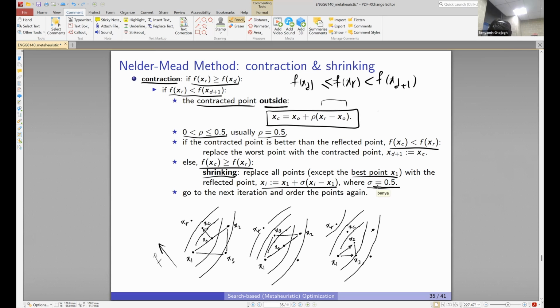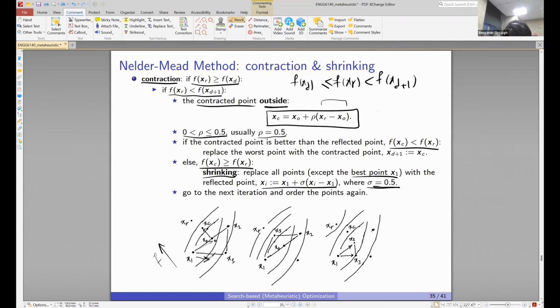What does it mean? Let's see. Here, for example, this is the simplex, right? Going from X1 toward X2, sigma should be between 0 and 1, usually set to half. It means that I will come in this direction up to here, right? Or for X3, I go from X1 toward X3, but half of the length.